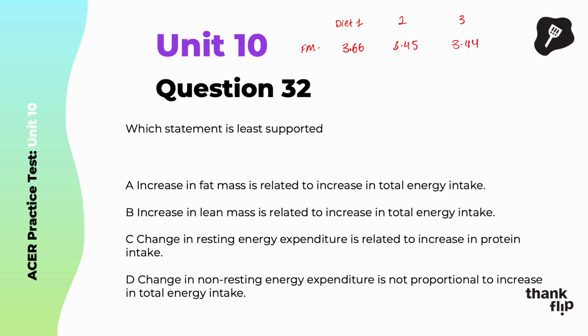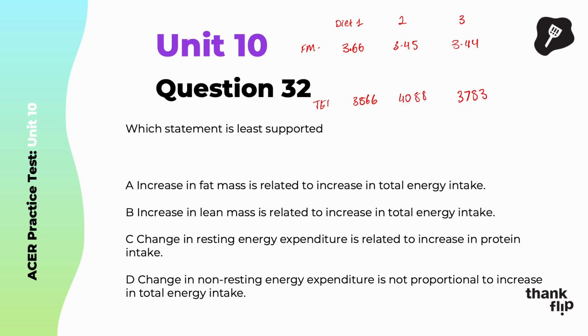So this is diet 2 and this is diet 3. And then your total energy intake is 3866 in diet 1, 4088 in diet 2, and 3783 in diet 3. So now we have to see, are these related at all?